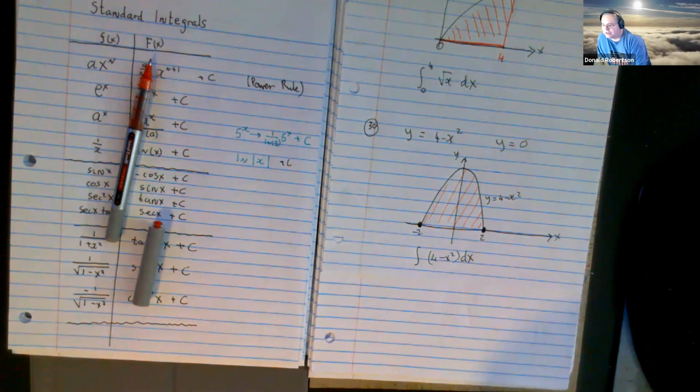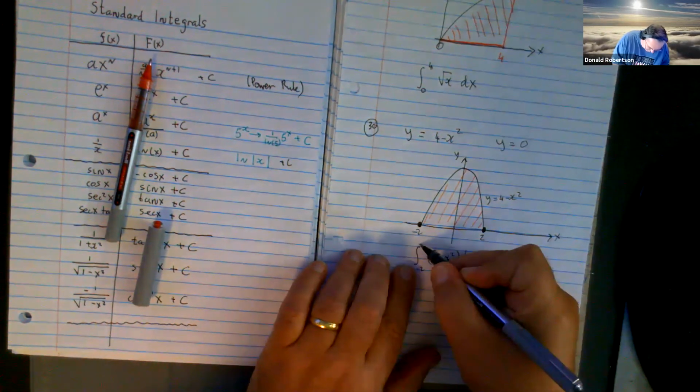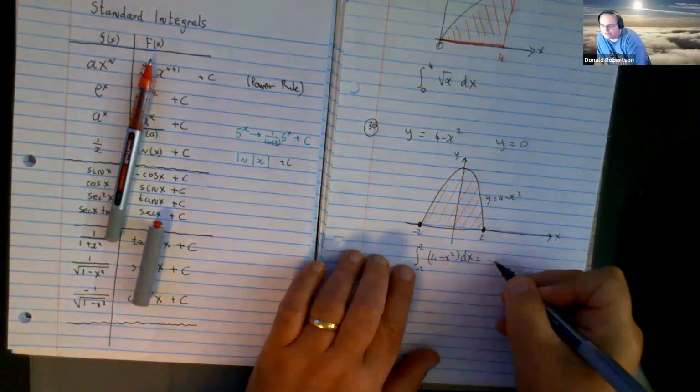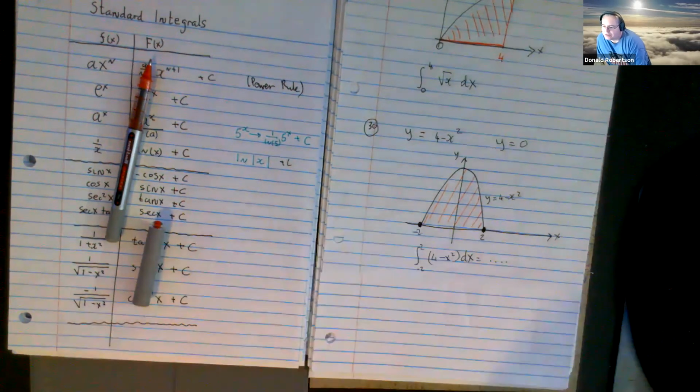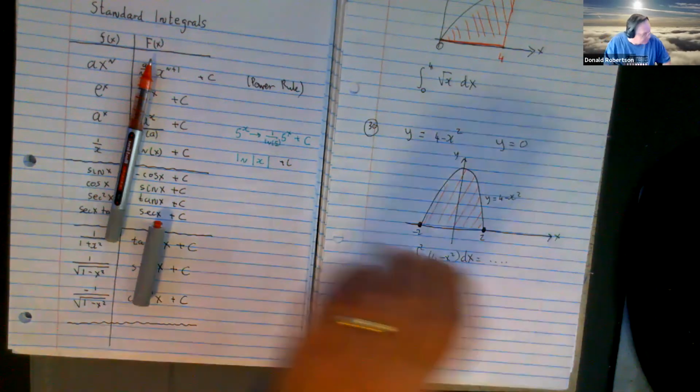But it was so easy you did it in your head. Right. Now, if I put in the numbers -2 to 2, is that one pretty easy to integrate and plug in numbers and get the answer, whatever it ends up being? Feel comfortable about that, guy? Then we have finished that section.